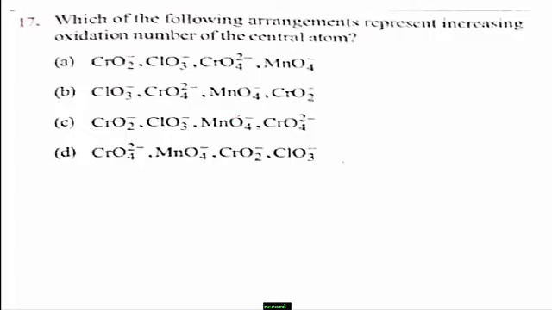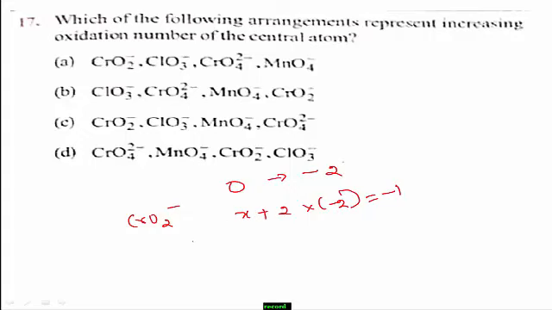Right. Let the oxidation number of the central atom be X. Here the oxidation number of oxygen is -2. In CrO2 minus, I calculate the X value, meaning the Cr oxidation number: X plus 2 into -2 is equal to -1, because it is in ionic form.